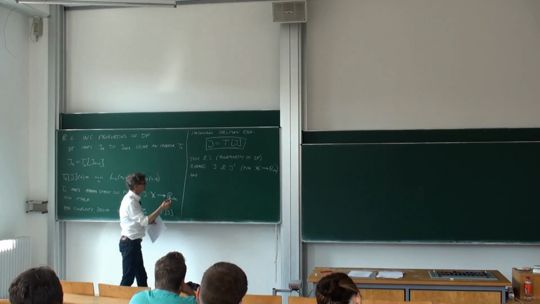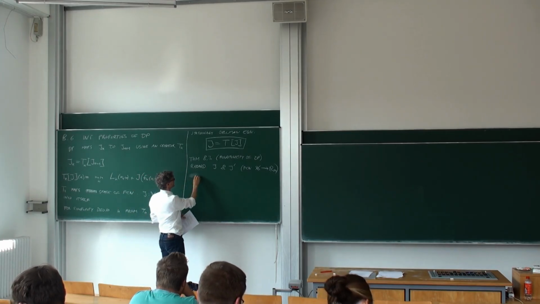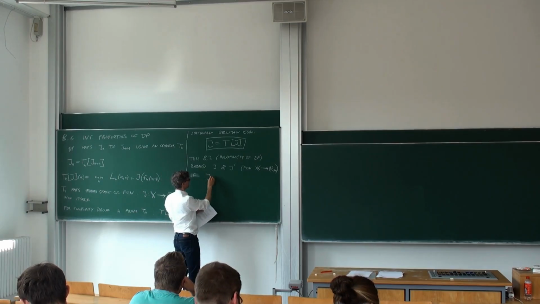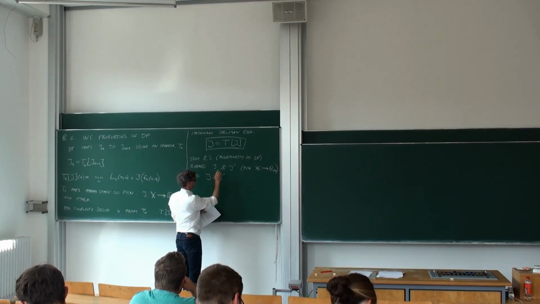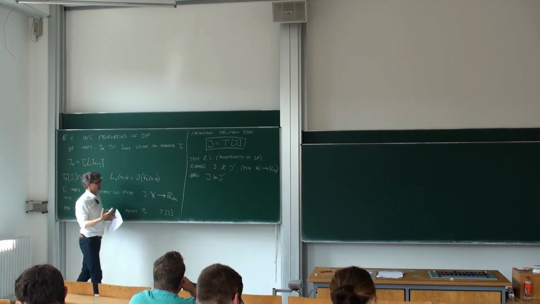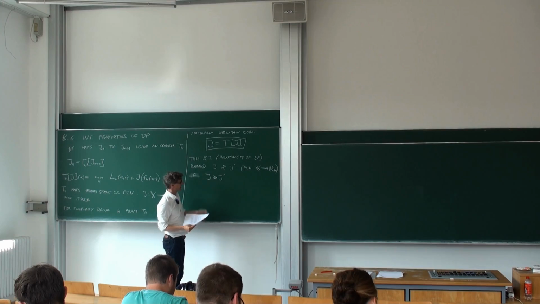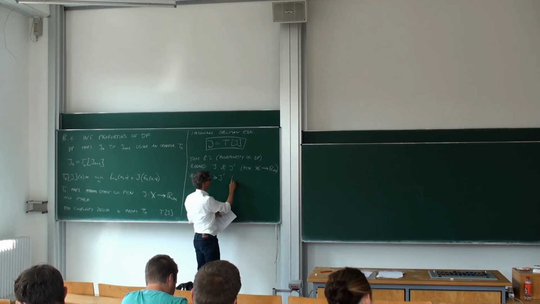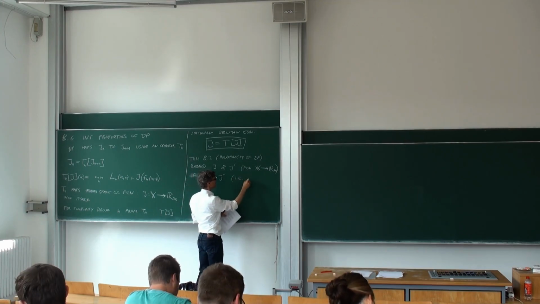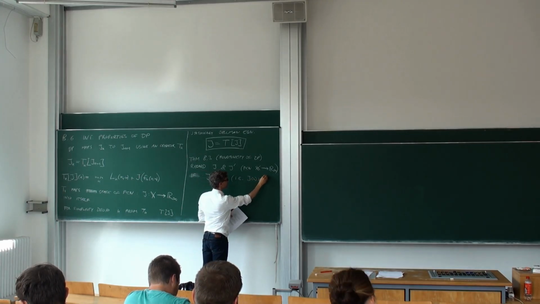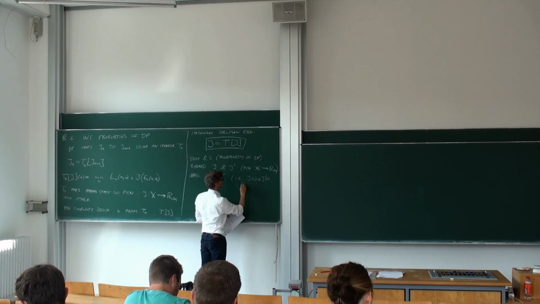What we will assume, or actually the theorem says, if one of them is bigger than the other, if J is bigger than J prime. And of course we need to define this relation. What do we mean by one function being bigger than the other, point-wise? So this relation we define by just saying J(x) is bigger or equal to J prime(x) for all x in the state space.